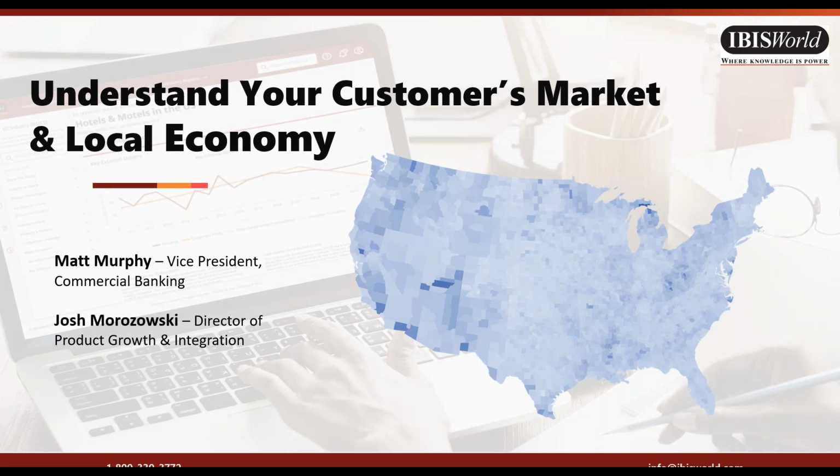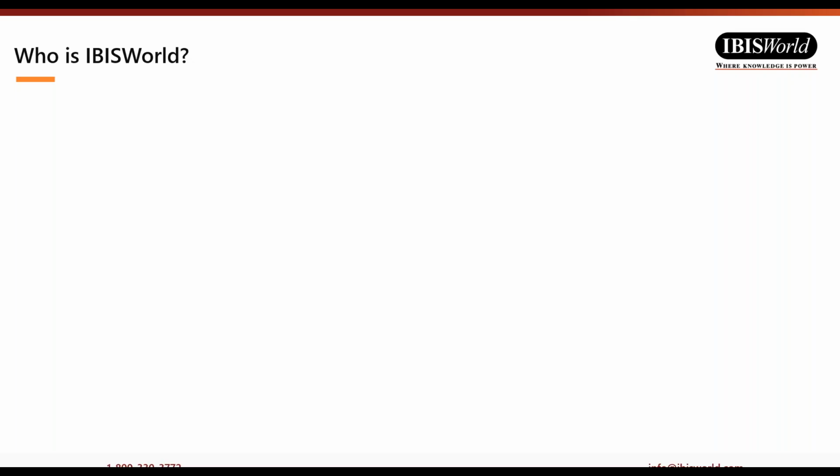As I mentioned, we have a lot of folks on the line right now that are current clients or current users of IBISWorld, but we also have a number of folks that maybe aren't currently using IBISWorld. So just in order to do a bit of a level set, I want to talk a little bit about who IBISWorld is and how banks and credit unions use us. IBISWorld, in a nutshell, is the largest provider of industry-level data and risk analysis in the United States.